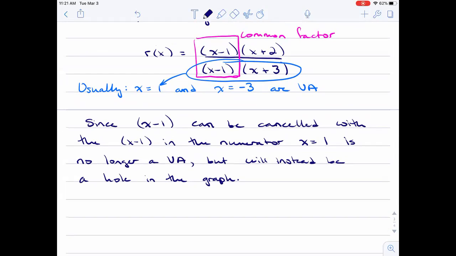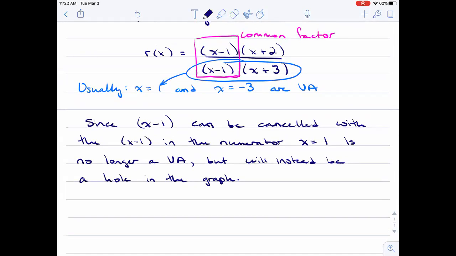So if we had to sketch this thing, we can find the vertical asymptotes, but then we're saying, okay, we're going to cancel this. So I have a vertical asymptote at x equals negative 3. If I look at how these powers behave, my highest power in the numerator is going to be x squared. Same thing with the denominator.